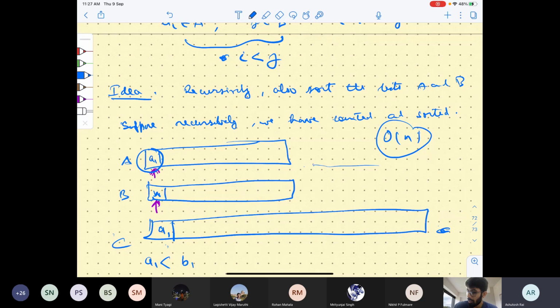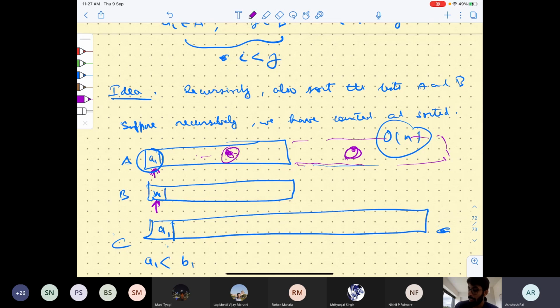Why? Because in the original list, B was here after A. Whatever the smallest element of B is, that is still bigger than A1.